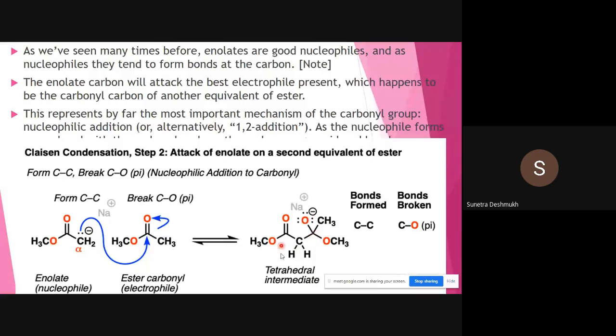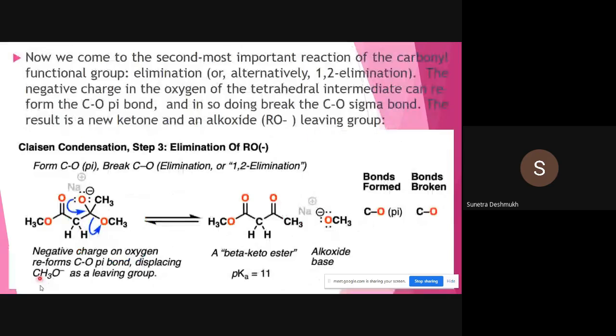Here we get the tetrahedral intermediate, with the negative charge on oxygen, and this intermediate we treat further. The next step is the elimination of CH3O minus, an alkoxide base, to generate our 1,3-diketone.